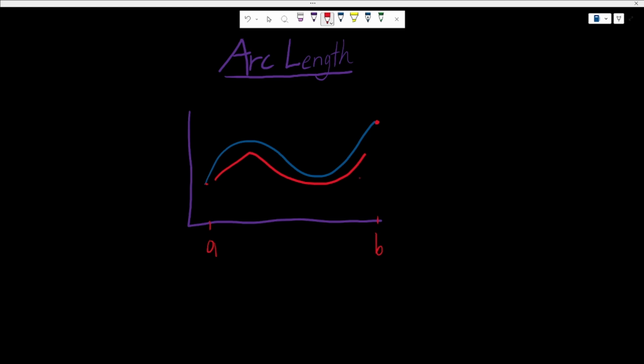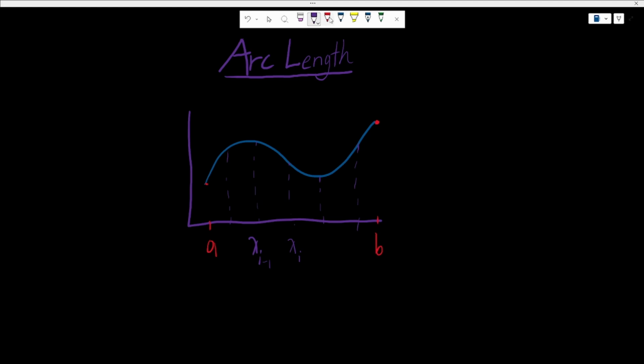That just doesn't work. So what we can do is we can take different tiny approximations or subintervals of our function. And let's just label this one x sub i minus 1 and this point right here x sub i.